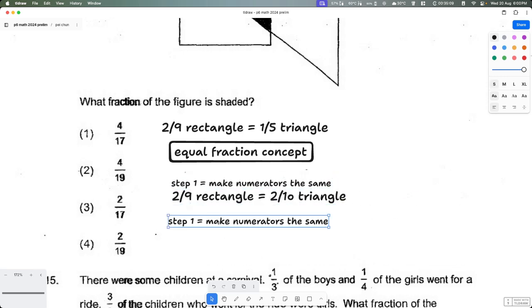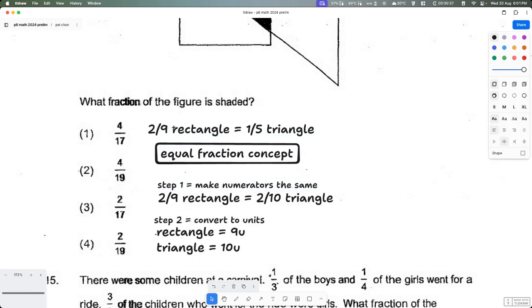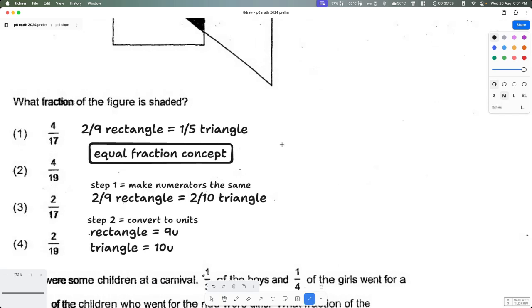Step 2 is to convert to units. So the rectangle is equal to 9 units, and the triangle is equal to 10 units. This is a very common question. So what's the total units?